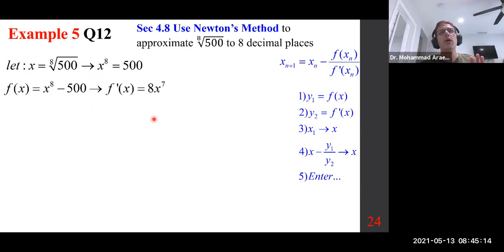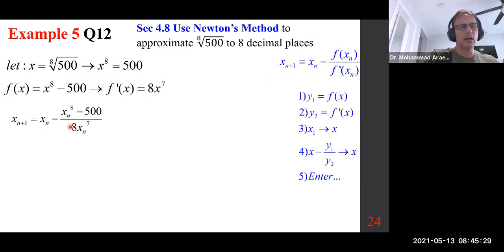Okay. Now we want to show this for one point using this formula. So if we use this formula with the fact that f of x is this and f prime is this, the numerator is f of x sub n. So is this one.